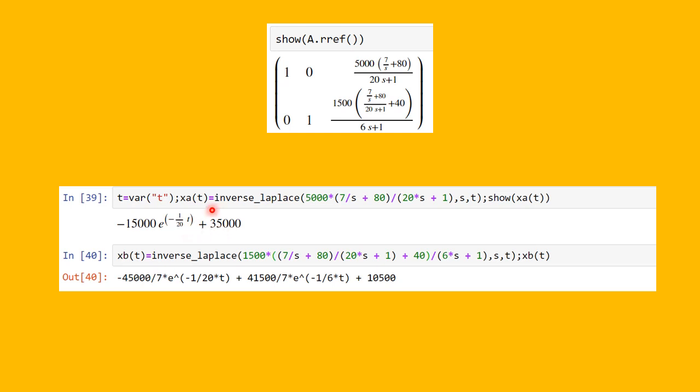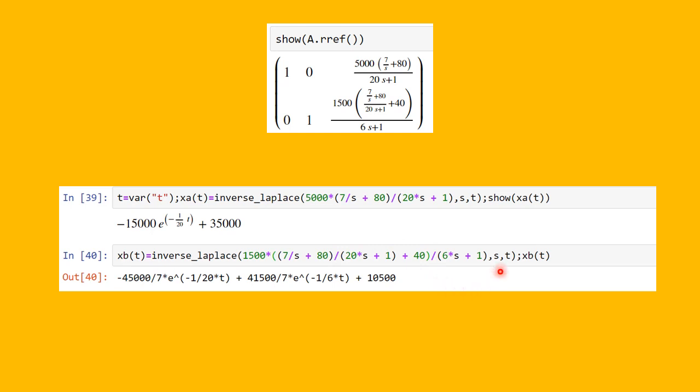Then we'll do something similar for x sub B of t. Capital X sub B of s was this stuff, so lowercase x sub B of t is going to be the inverse Laplace transform of this stuff. 1500 times 7 over s plus 80 divided by 20 times s plus 1, which is what we have here, plus 40, which is what we have here, all divided by 6s plus 1, which is what we have here.